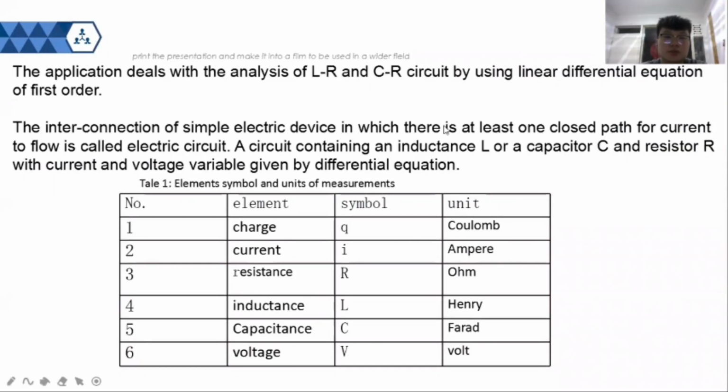The application deals with analysis of circuits by using linear differential equations of first order. A simple electric device with at least one closed path for current to flow is called an electric circuit. Here is the table for the element symbols: charge Q, current I, resistance, inductance, capacitance, and voltage.